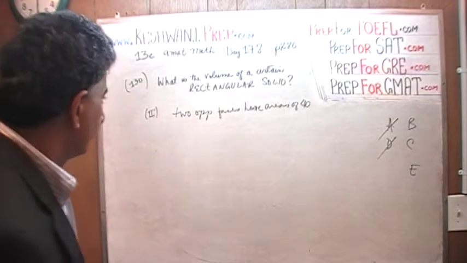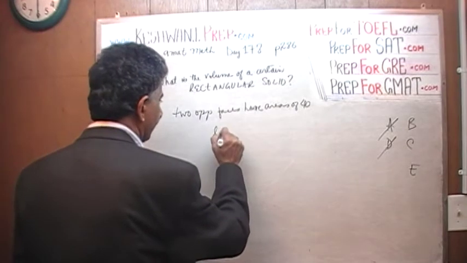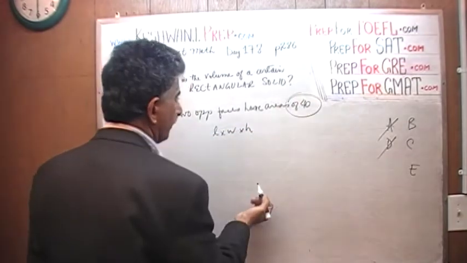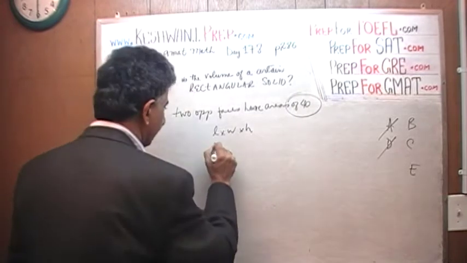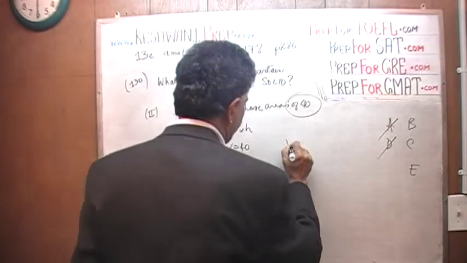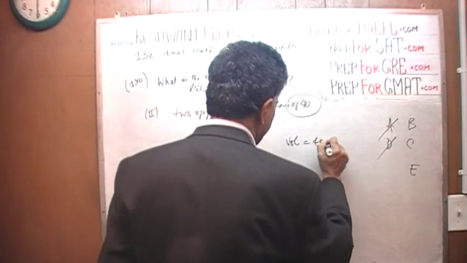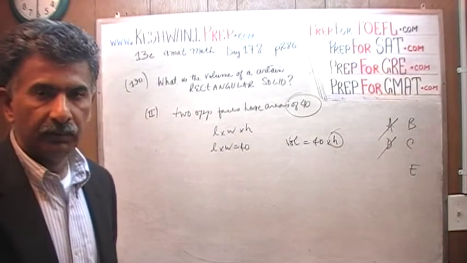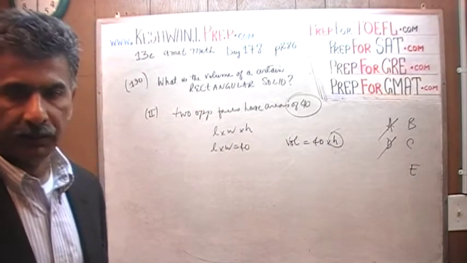As far as the volume is concerned, we have length times width times height here, and we are told that the area of one face is 40, which means length times width is 40. But in order for us to find the volume, it is going to be 40 times the height, and the volume of the box is going to vary with the height.